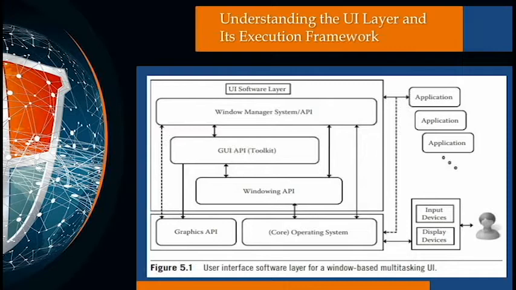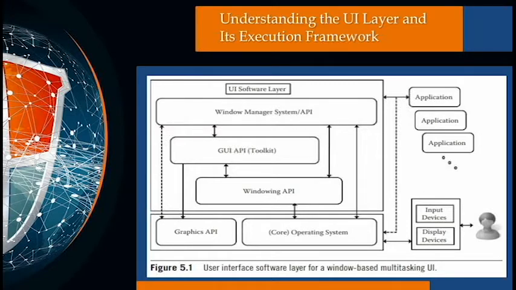The UI layer is composed of an API, meaning application programming interface, and then we have the GUI, I mean the Windows Manager. The Windows Manager controls the applications. Its job is to handle how all our windows are controlled on the screen and who gets the user input at any given time.